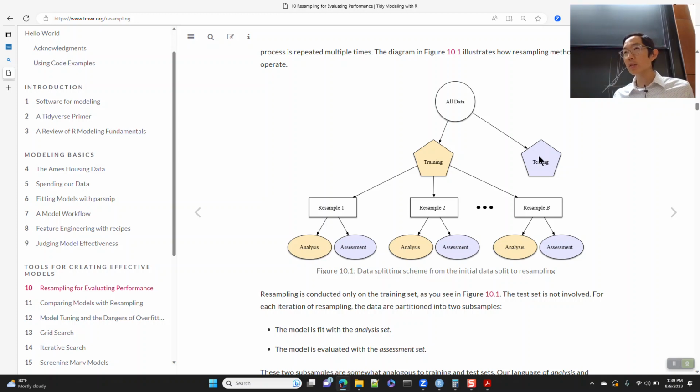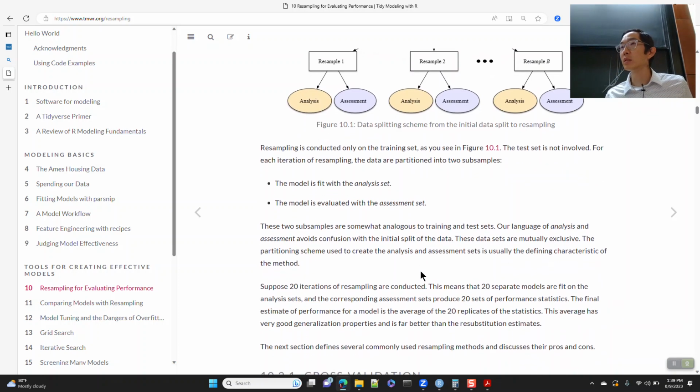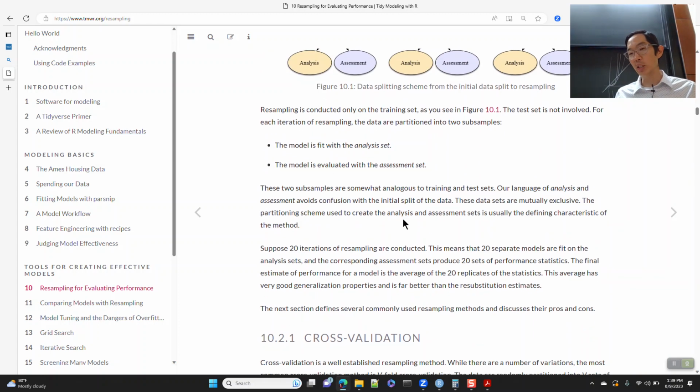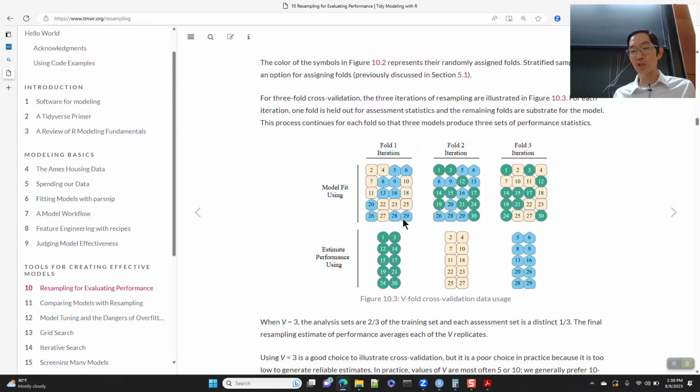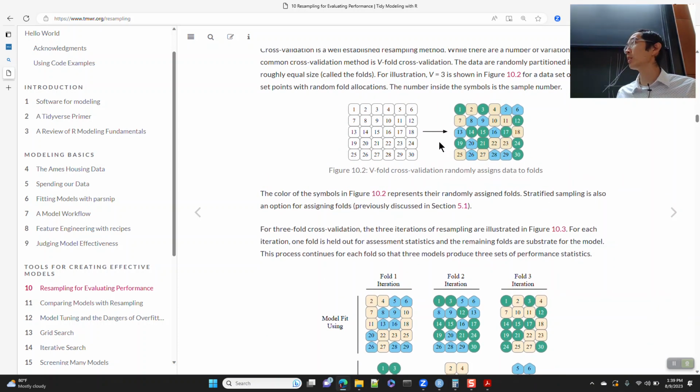So actually there are 3 sets: the training set, validation set, and a test set. In practice, you would do an initial split, and then after your initial split, you do cross-validation on this training data. Okay, and this is the illustration. Here's a 3-fold cross-validation where we took our training data and split it into 3 different colors, green, yellow, and blue.